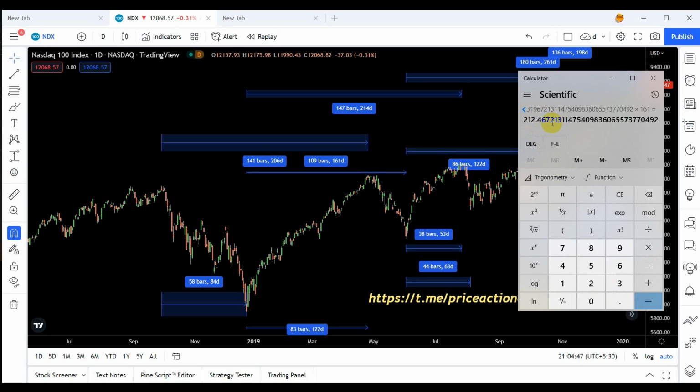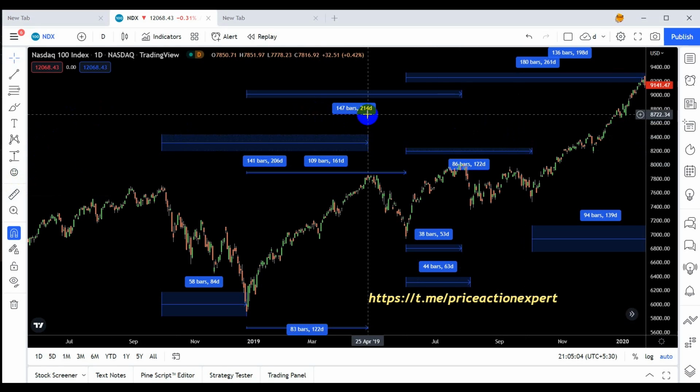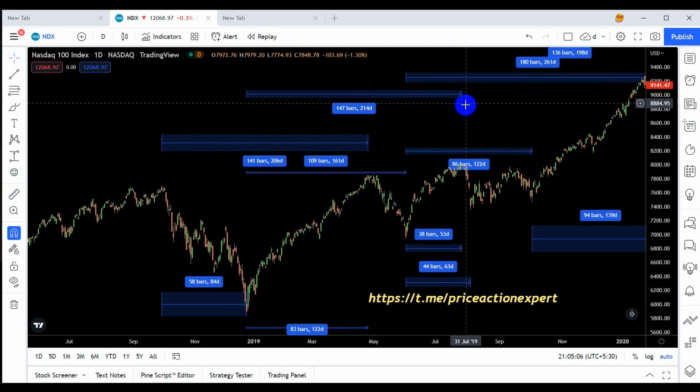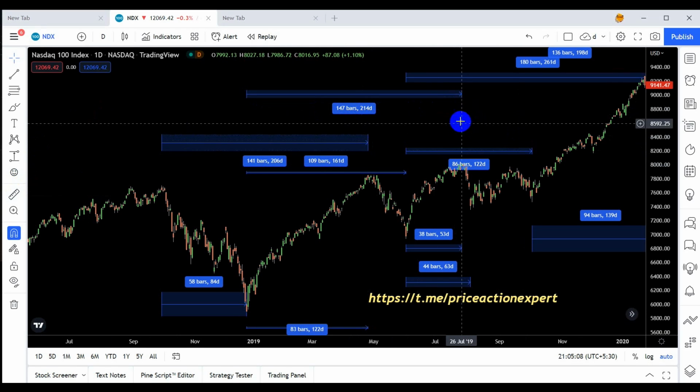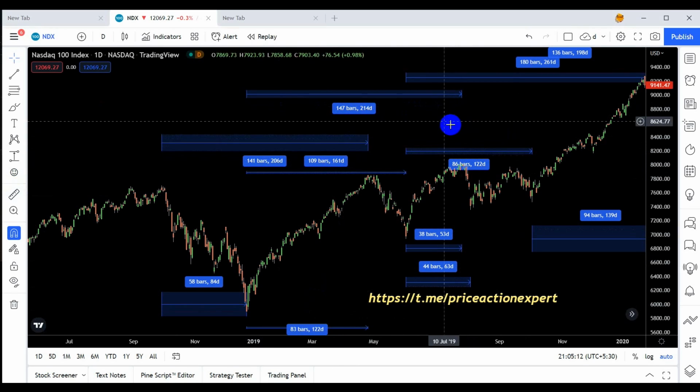In this method, if you're getting 213 days, we can take 212 or 214. It can be off by only 1 day, not more than that. So its accuracy is that good. So this is 213. Here you can see 214 days, the exact high I have marked here. That's 214. So based on these two numbers, we have got this high.